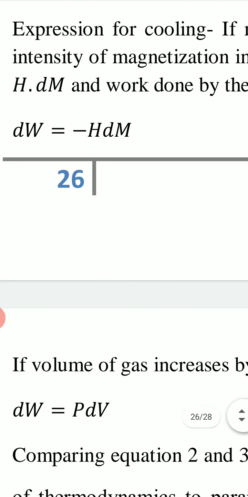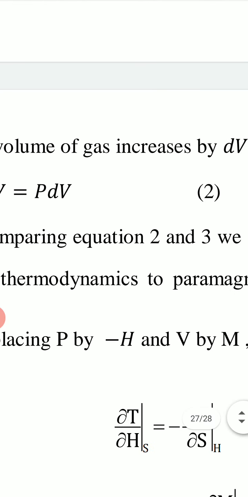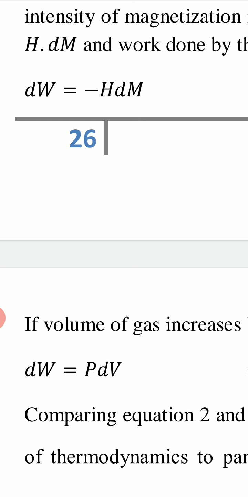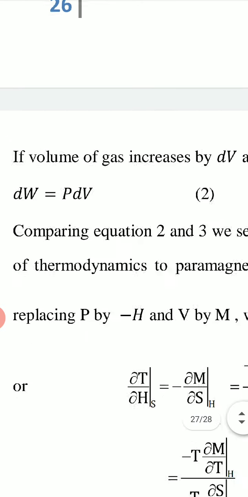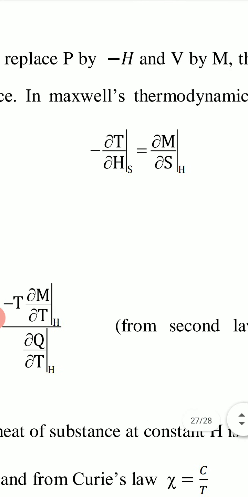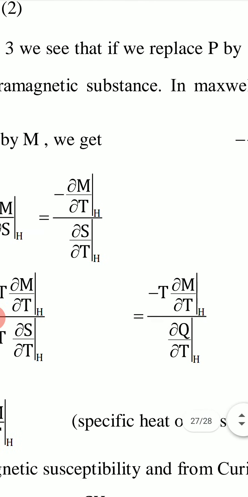If we compare these two equations, dw equal to minus H dm, it is equation 1, and dw equal to P dV, it is equation 2, then we see that we can replace P by minus H and we can replace V by M. So we will write minus H for P and M for V. Comparing equation 1 and 2, we see that if we replace P by minus H and V by M, then we can use the laws of thermodynamics for paramagnetic substance.